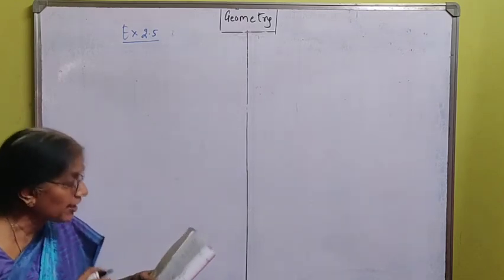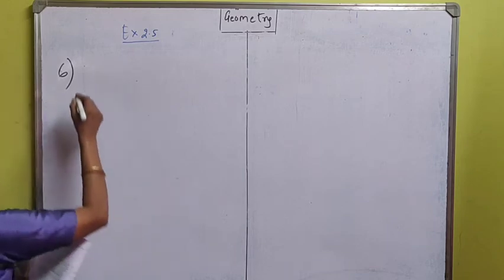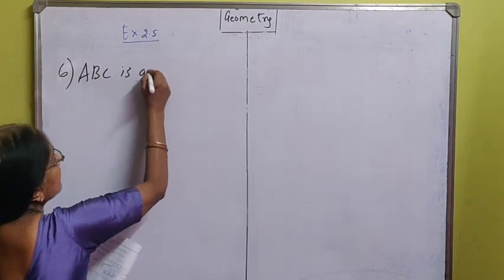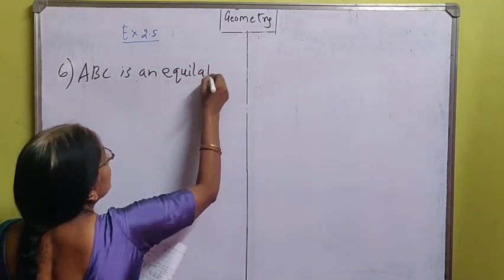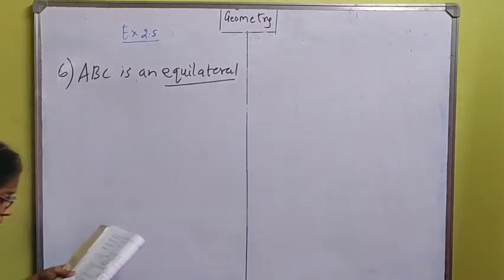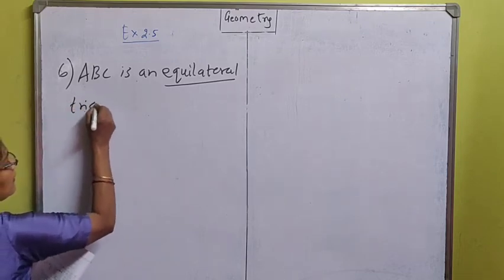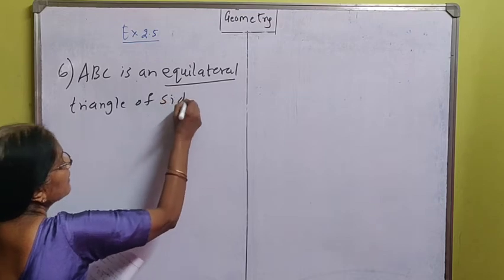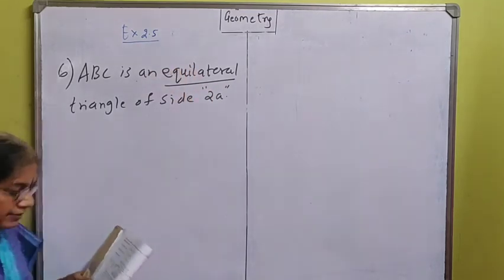Now we will see the sum number 6. What is sum number 6 given? Let us see. ABC is an equilateral triangle. Equilateral is very important. Equilateral triangle of side, he has already given the side, he has taken the side measurement as 2a.